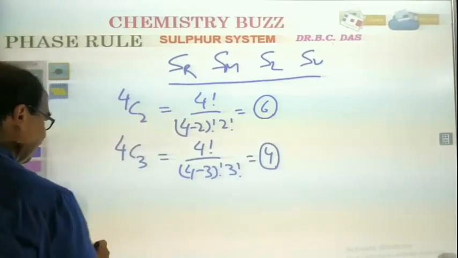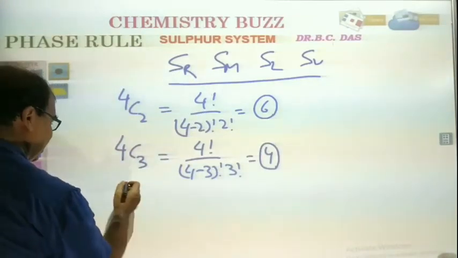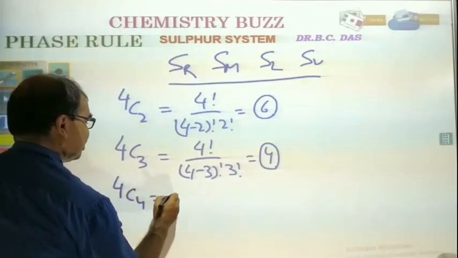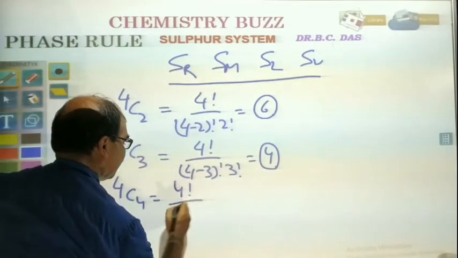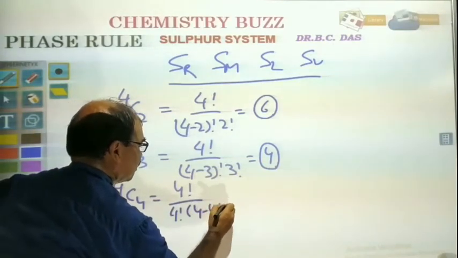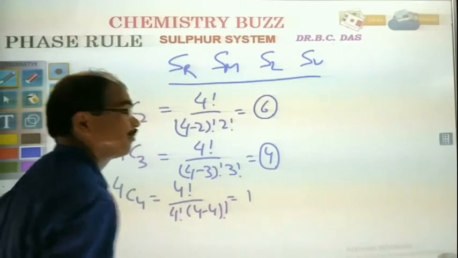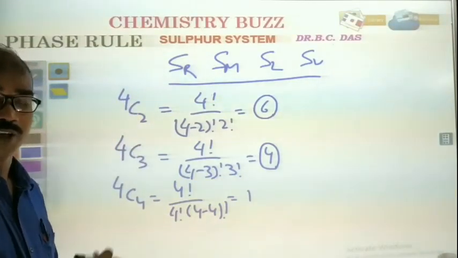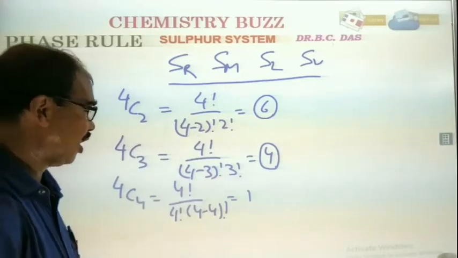Let us take 4 phases coexisting: how many times? 4C4 is equal to 4 factorial by 4 factorial into (4 minus 4) factorial, which is equal to 1. So theoretically we can say the 4-phase coexistence would be 1 point.